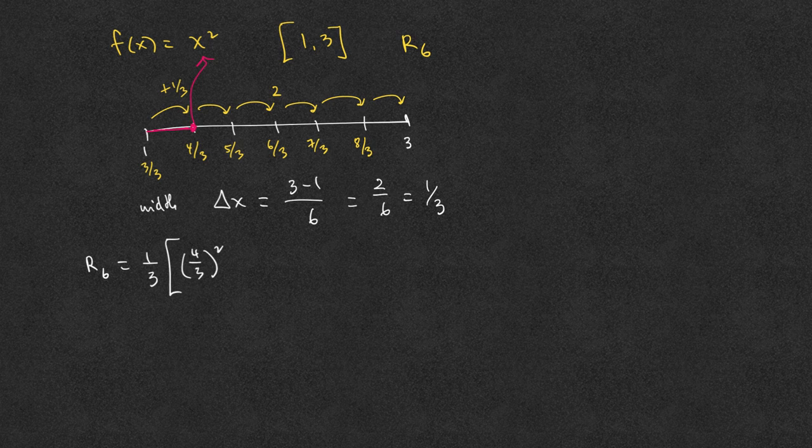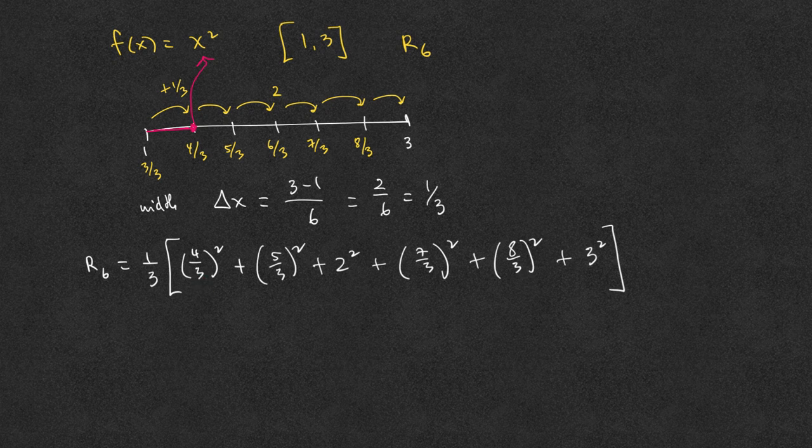The next height is 5 over 3 squared. The next height is 6 over 3 squared, or 2 squared. The next height is 7 over 3 squared. The next height is 8 over 3 squared. And the last height is 3 squared.